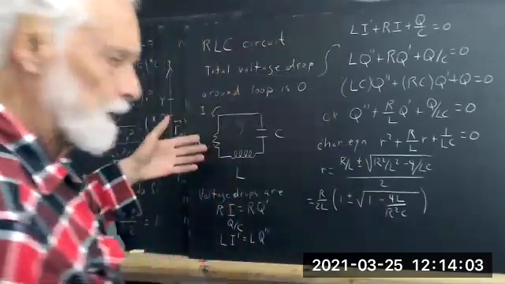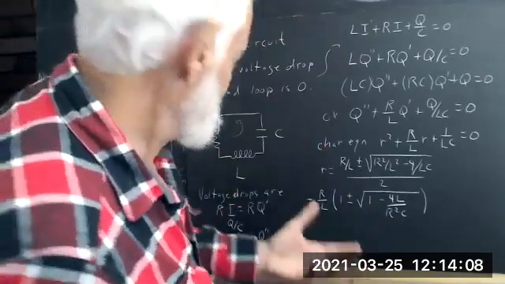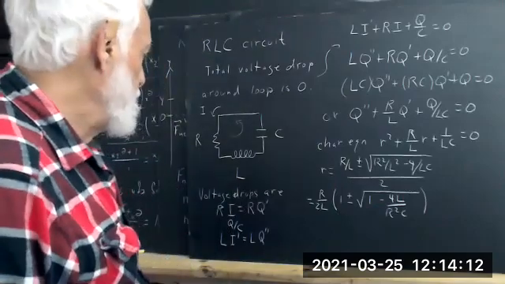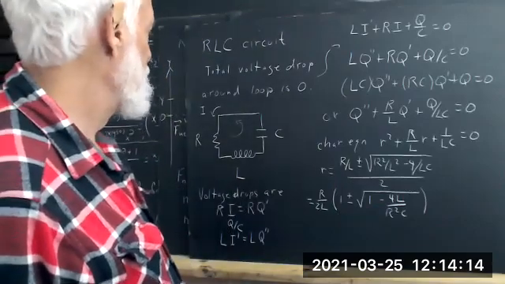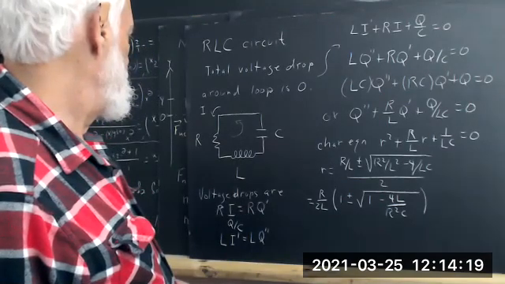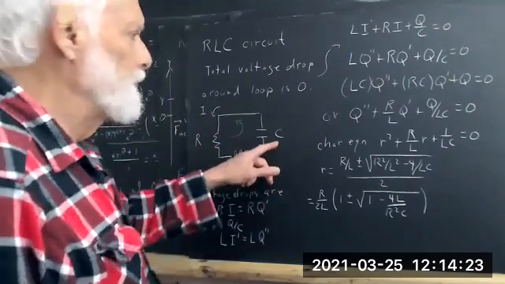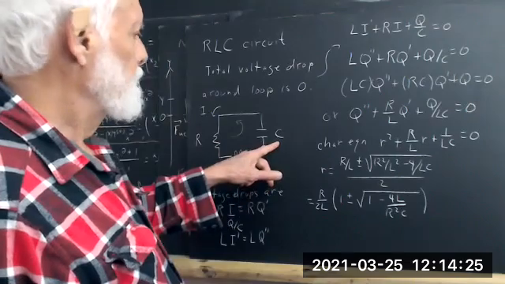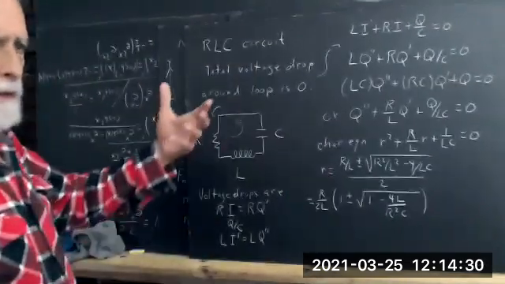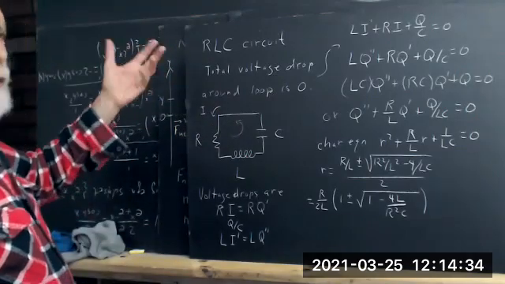Okay, but as before, R acts like your drag. If you have a resistance in a circuit, that dissipates energy, and there's basically a drag on the circuit. Your capacitance, the reciprocal of your capacitance, acts like your force constant.